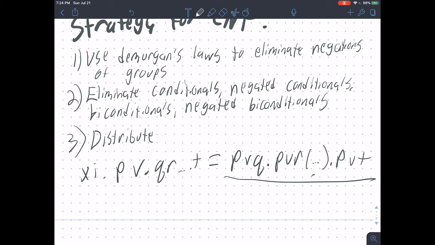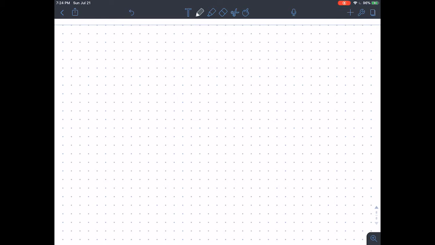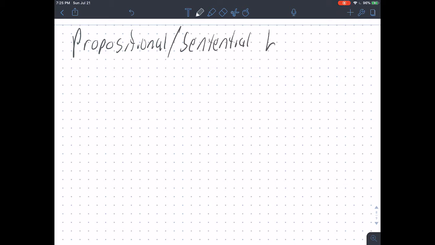And with that, we are pretty much done with what is known as propositional or sentential logic. That's the sort of logic that we've been learning up to this point. So, we have schemata like P or Q and R or S or whatever.